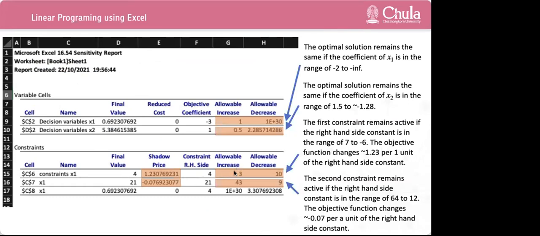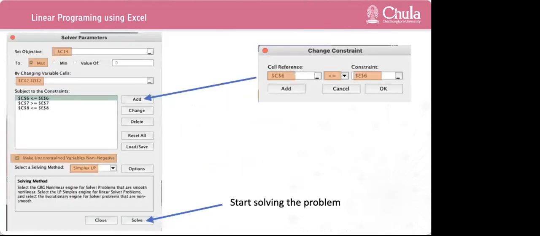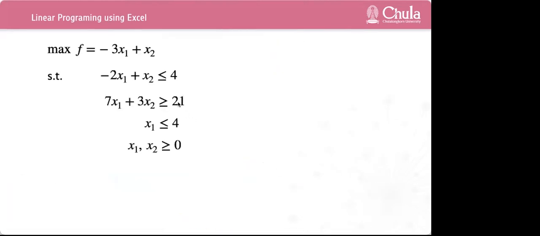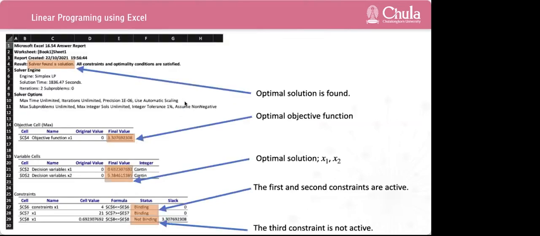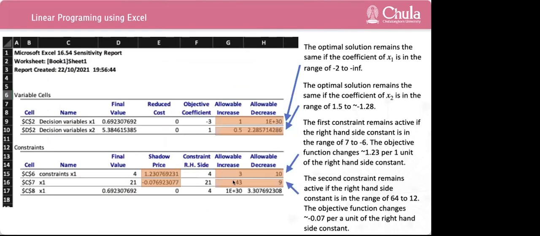So it's 4 plus 3, or 4 minus 10. And for the second constraint, the right hand side is 21. We can increase by 43 and decrease by 9.